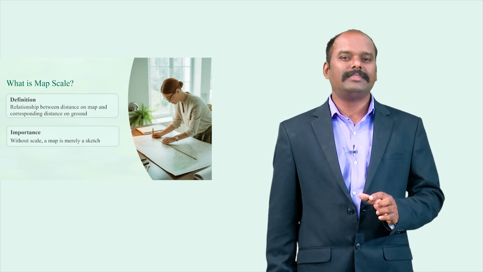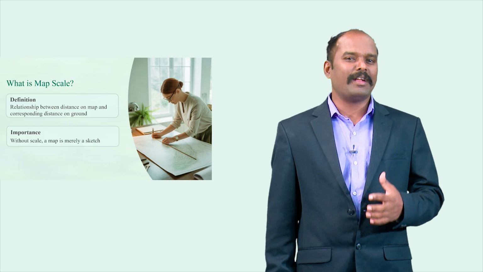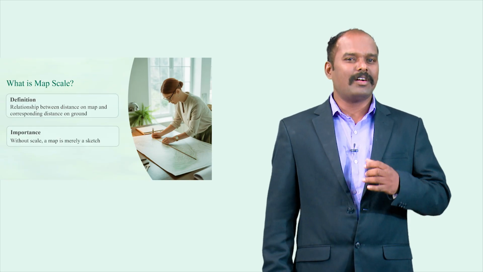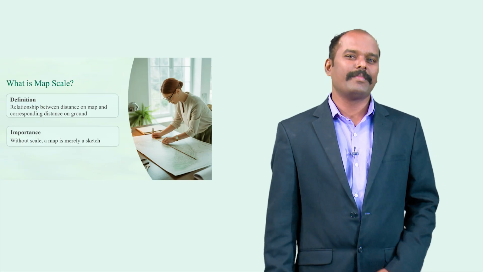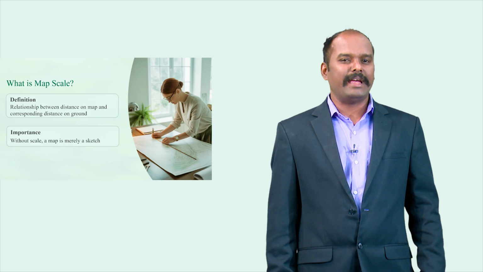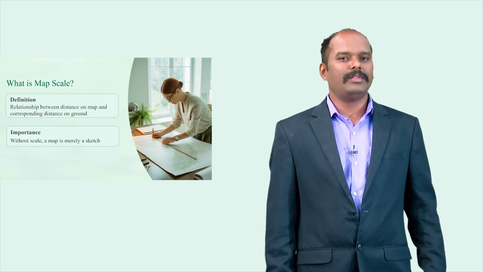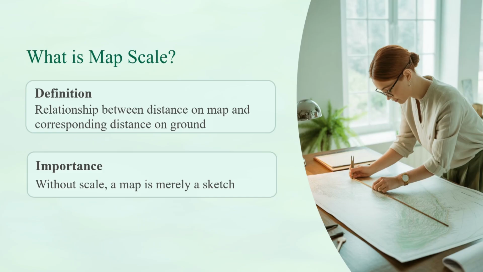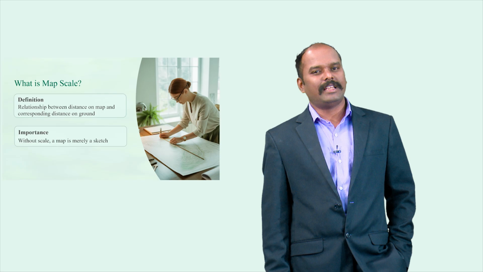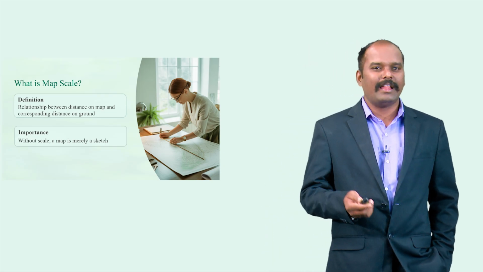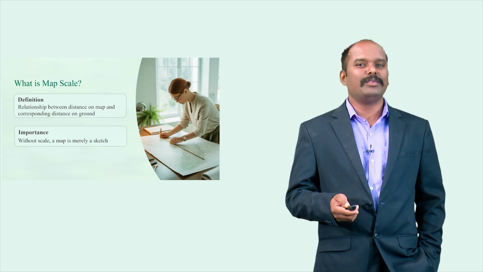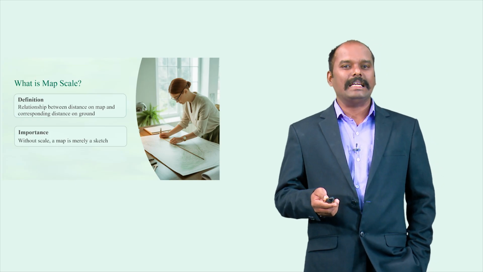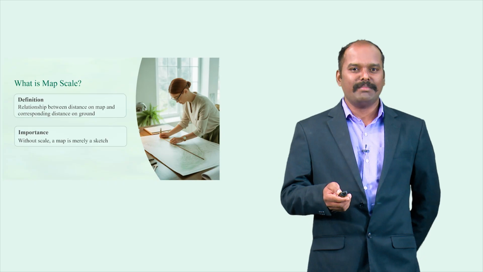Without the scale, a map cannot be considered a cartographic product. It will be called a sketch, a drawing. So, scale is a primary map element to the cartographical drawing, like projection and coordinate system, title and direction, and all other map elements. Scale is most important to the cartographer.